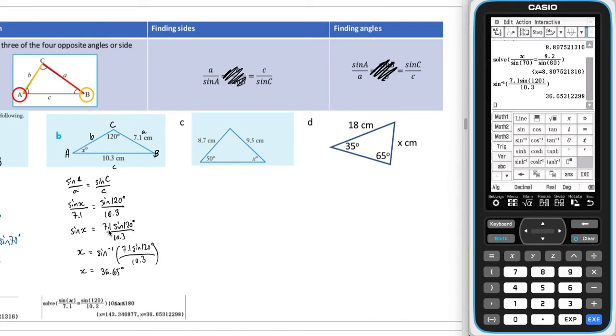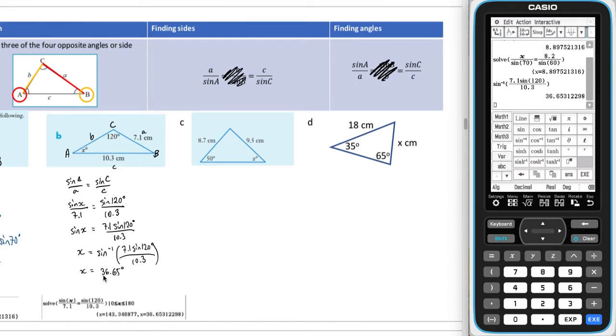So this chunk here, 7.1 sine 120 on 10.3, if we solve for this, we'll find that there are two values from 0 to 180 in which sine is equal to this value. So there's not just 36.65.